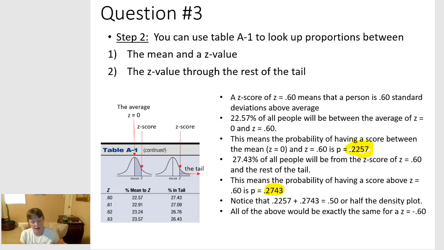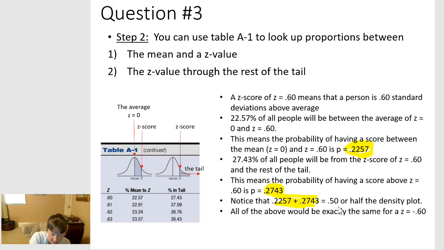There's a 27.43% chance, or a probability of 0.2743, that someone's going to have a z-score above 0.6. And notice that if I add 0.2257 and 0.2743, that's going to have a probability of 0.5, because essentially what this is doing is this.